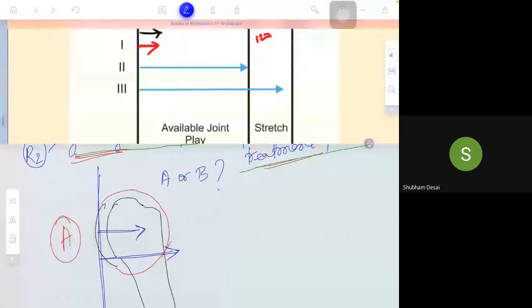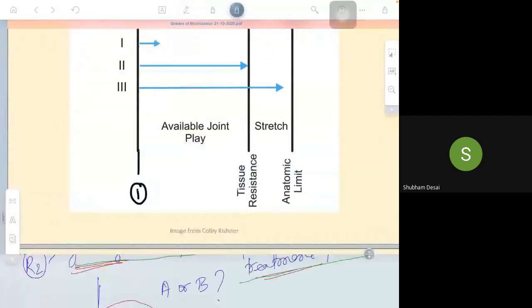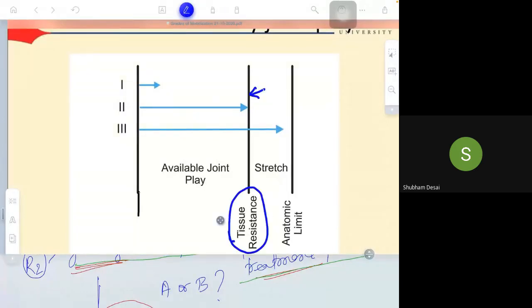This is the diagram explained here. So here, what is number 2? What does this line represent? Tissue resistance. So what is grade 1 distraction? You will distract the joint.